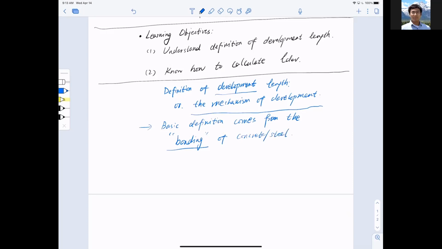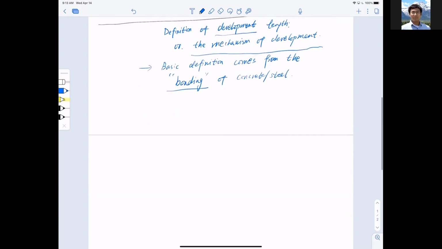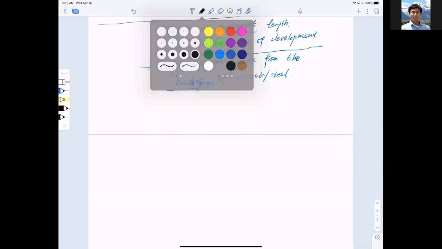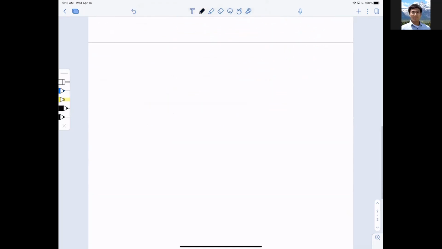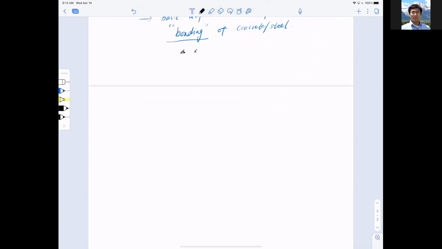If I wear my magnifying glass and zoom in to see the exact interface between the concrete and the rebar, what do I see? I see concrete first, of course. Let me scroll down to show you some pictures. I see the concrete here. Usually we use this to indicate concrete: aggregates, sand, and cement. And the bar looks just like this since it is a deformed bar.